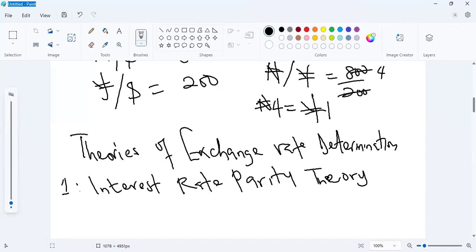If the interest rate is known between two country currencies, and the spot rate is given, then we can predict the future exchange rate between the currencies.